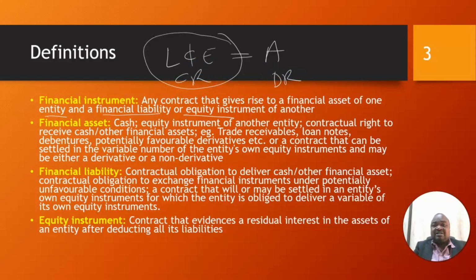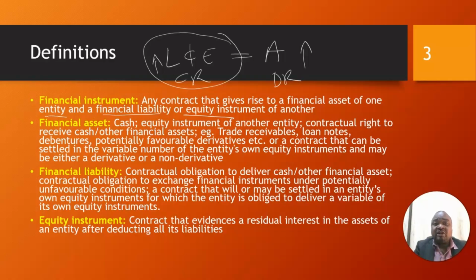All right. So to increase the asset, we debit, but to increase both equity and liability, we credit. So this is why they always move hand in hand, but they are different. So in the definition here, if you say the transaction is a financial instrument, you haven't said anything, right?